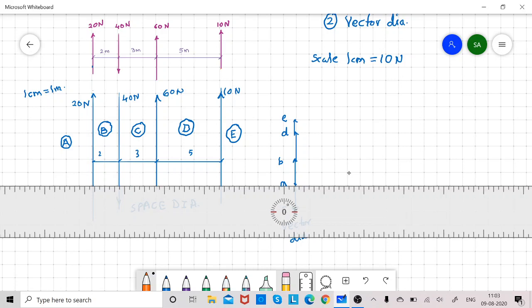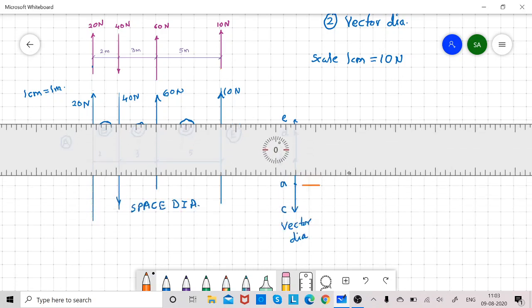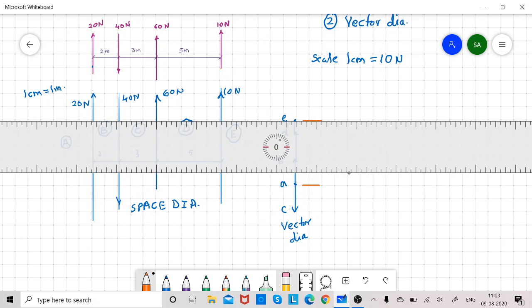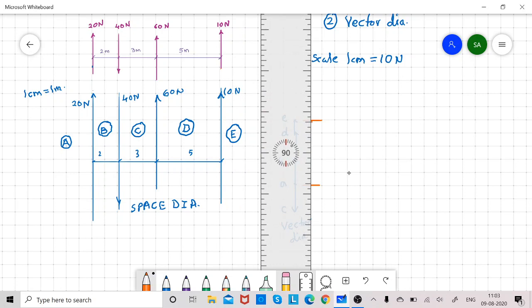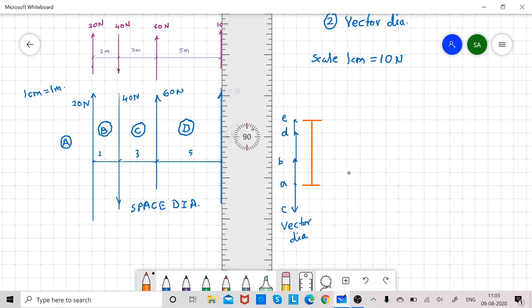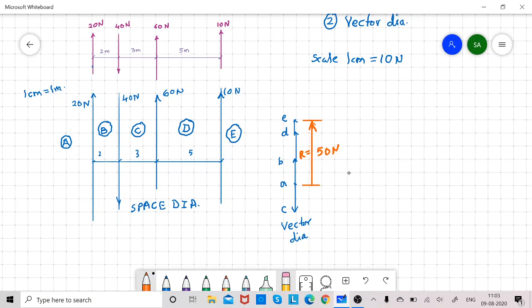Now in this case a to e is upward, and that is 5 centimeter. a to e is 5 centimeter and 1 centimeter is 10 Newton. So 5 centimeter means 50 Newton. So this is our resultant R. From the vector diagram we got the resultant in its magnitude and direction: 50 Newton upward in this case.